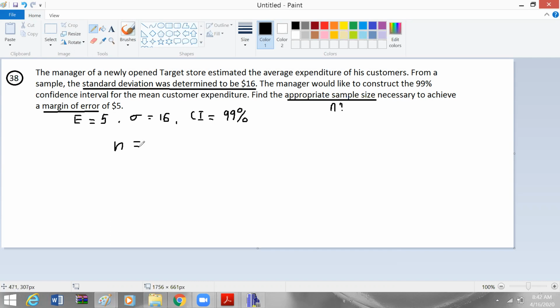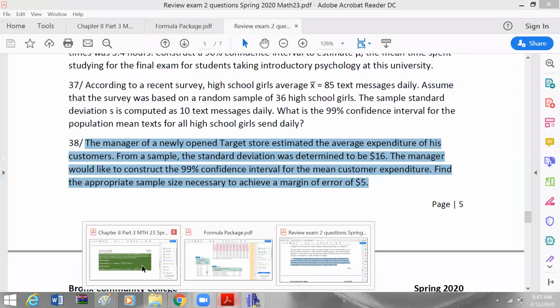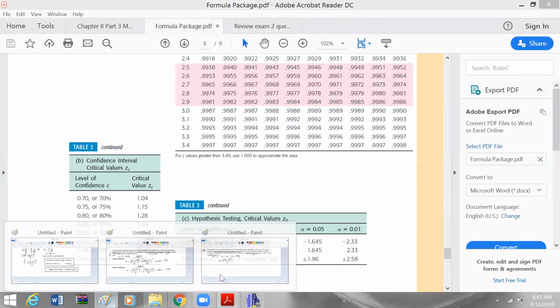The n would be equal to the z times the standard deviation over e, squared. This is what we need to do, and you square them, and we're going to get the answer. So we have 99% in this case. 99% will be 2.58, so the critical value is 2.58, since the question gives us 99% confidence.